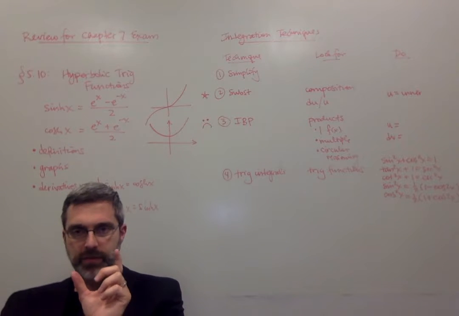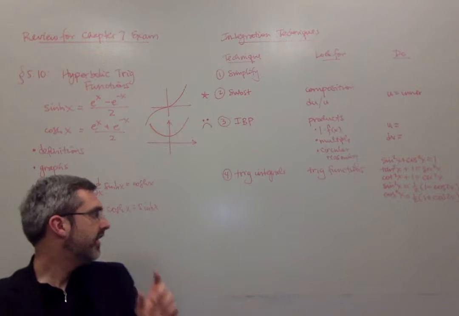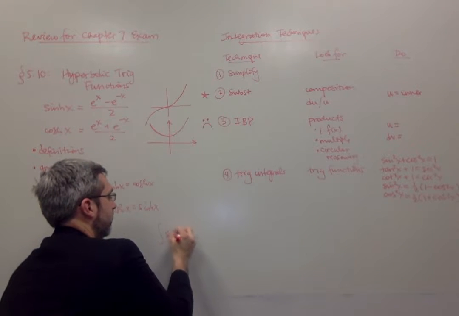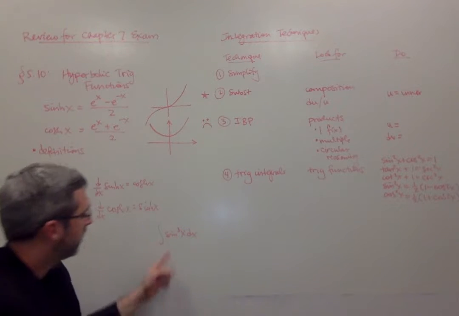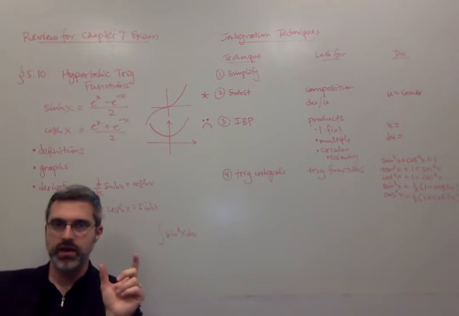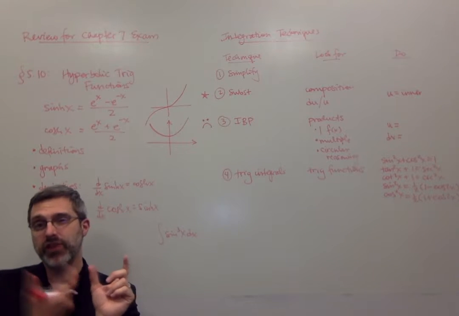So if you remember, for instance, if I had the integral of sine cubed, one of the questions that I asked myself was, is there a du in there? So if I pulled out one sine, sine is the derivative of what? Well, it's the derivative of cosine.